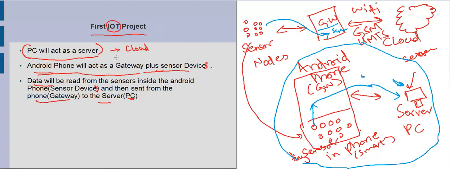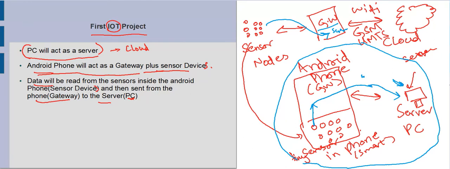All this is going to act as a gateway plus the sensor device. So after getting the values, processing them if we want, we are going to send these values to the server. As described here, data will be read from the sensors inside the Android phone.